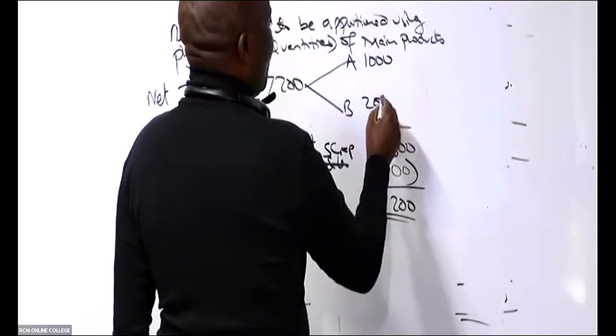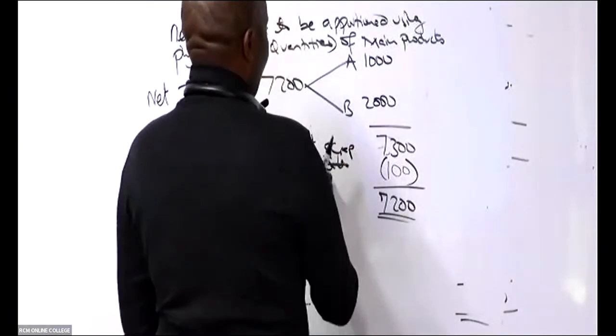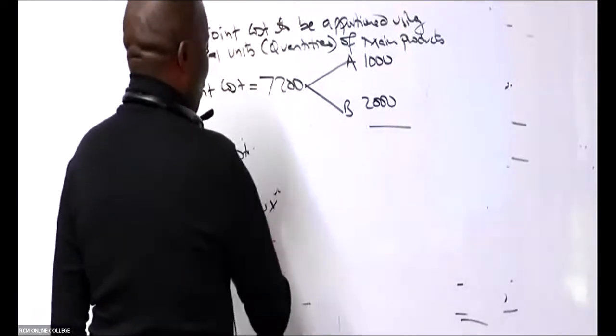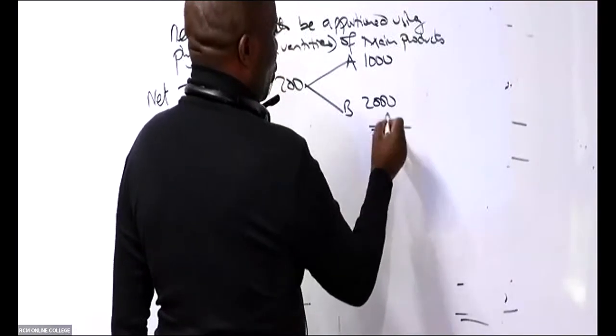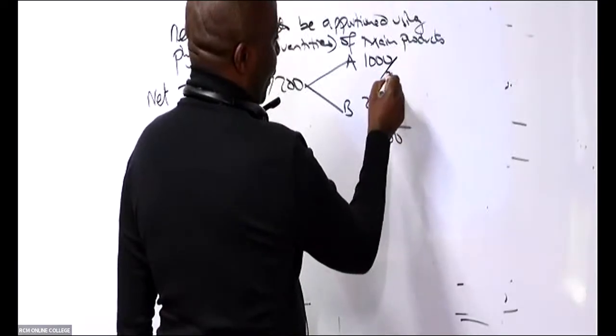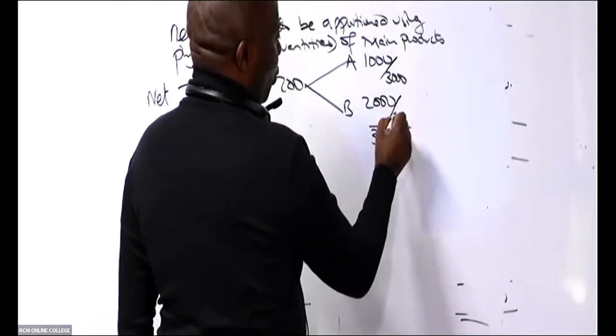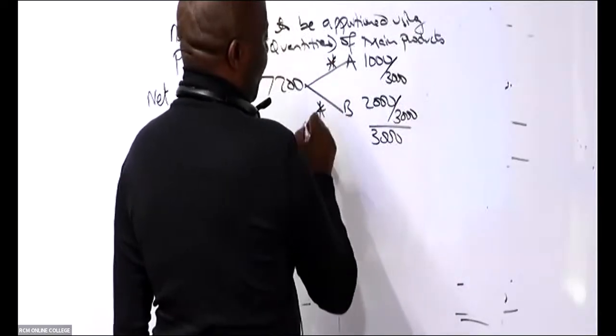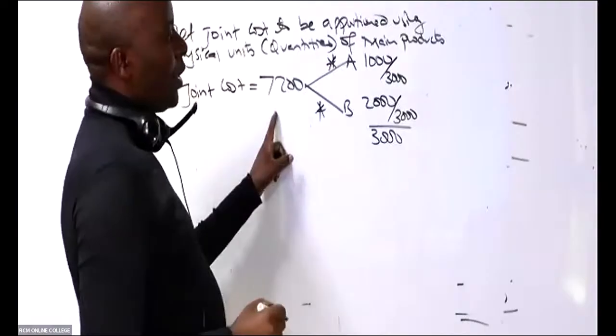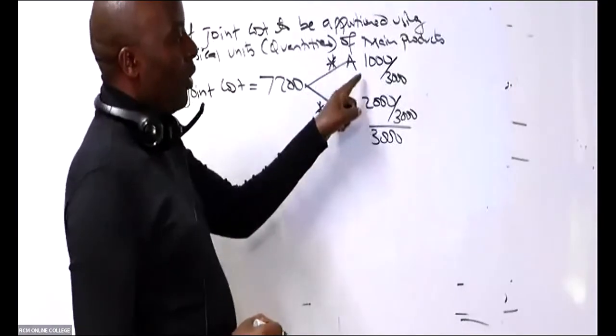If you add the two, you get 3,000. So proportion-wise, this will be 1,000 over 3,000 and 2,000 over 3,000. Now you can do your multiplications. You take 7,200 times 1 over 3.